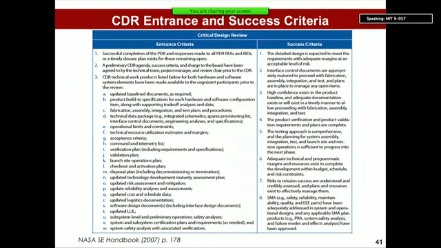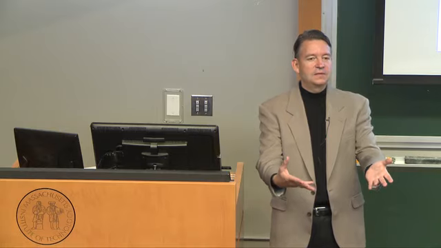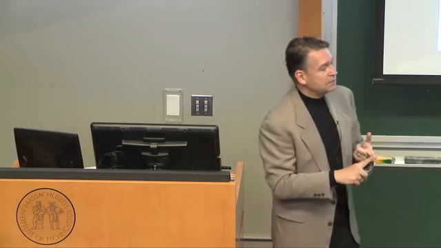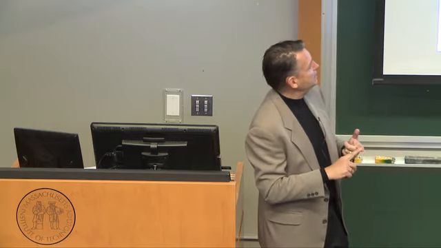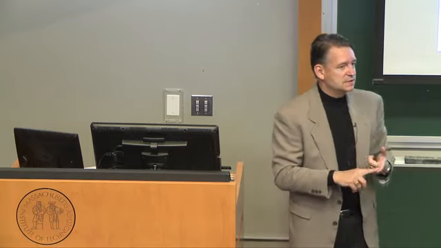To show you, this is a table from the handbook, page 178. This is the entrance criteria and the exit criteria for CDR. Entrance criteria means what you have to have in order to be allowed to go forward with a CDR. It's mainly three things: successful completion of the PDR and responses made to all the PDR RFAs and RIDs.